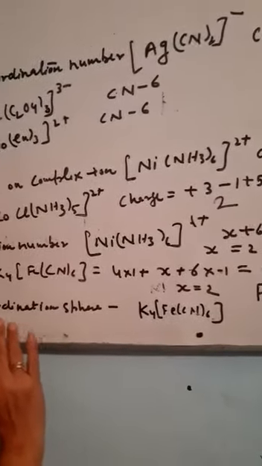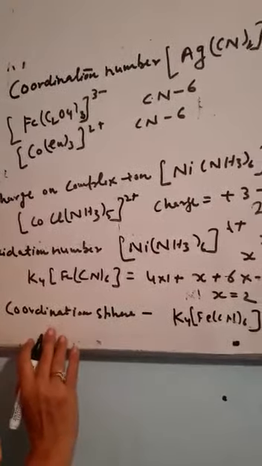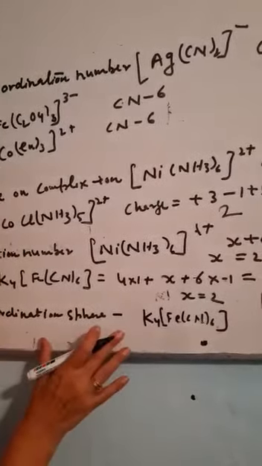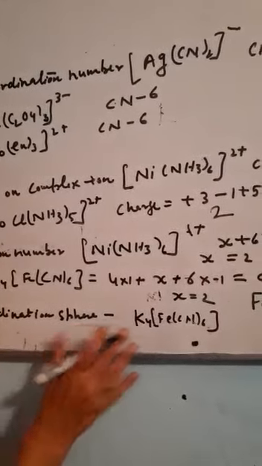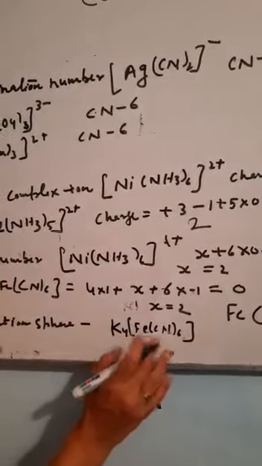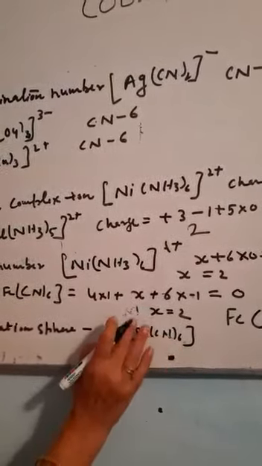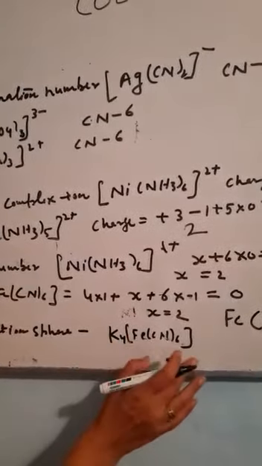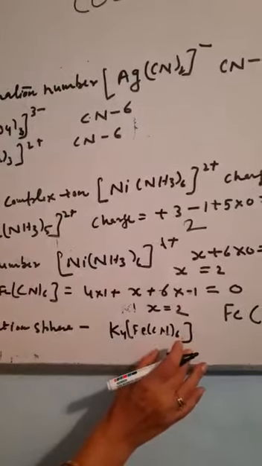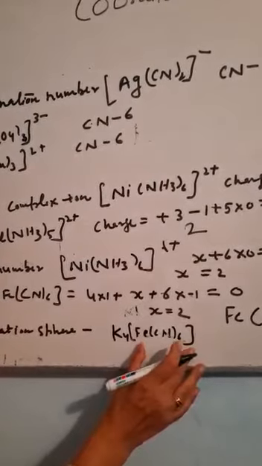Now, the next term, which is very important in coordination chemistry, is the coordination sphere. Whatever is enclosed in this square bracket is a complex, and this square bracket along with the central metal and ligands is called the coordination sphere.